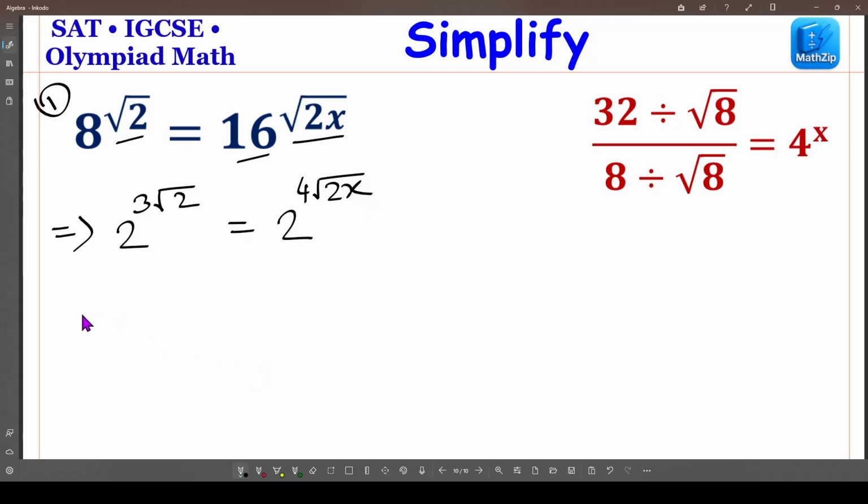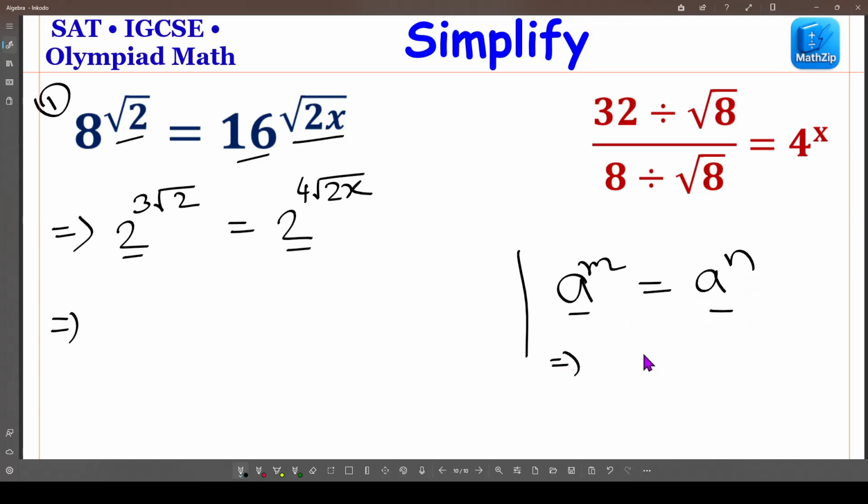Okay. Now look, the base are same. We know a theory which is a to the power m equals a to the power n. Once base are same, that time power will be equal, it means m equals n. Now similar thing here is 3 root 2 equals 4 root 2x, right?